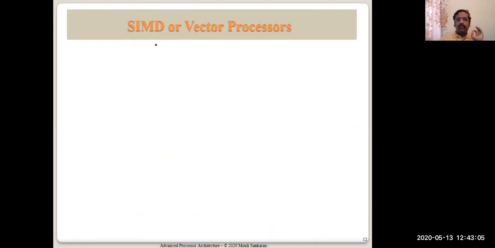So let me tell you what SIMD is. Another name for SIMD is vector processors, because graphics is nothing but vector operations. Pixels are arranged as matrices, so images are operated on by operating on a matrix of data.